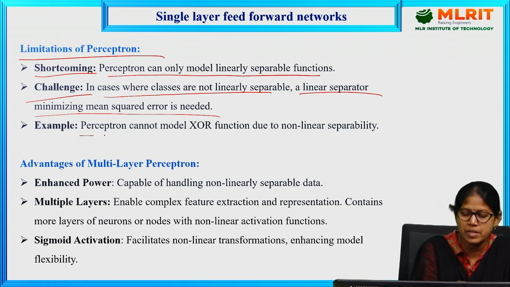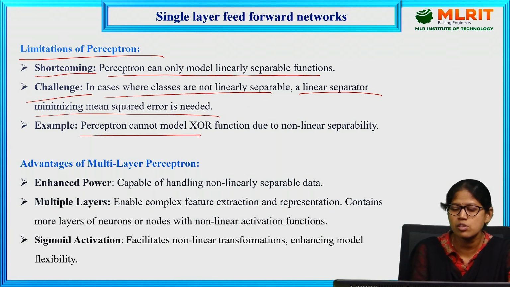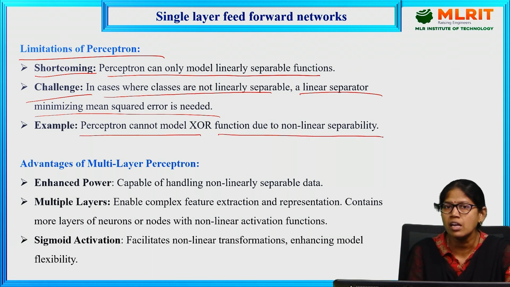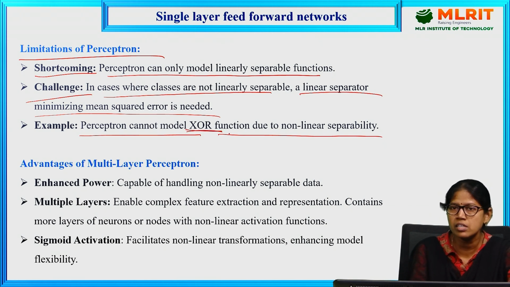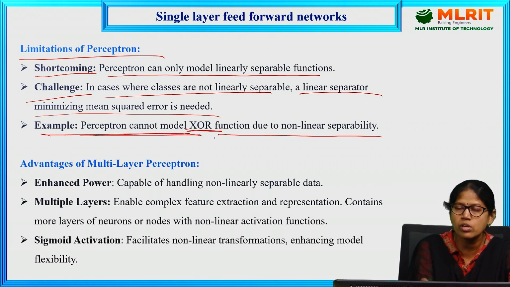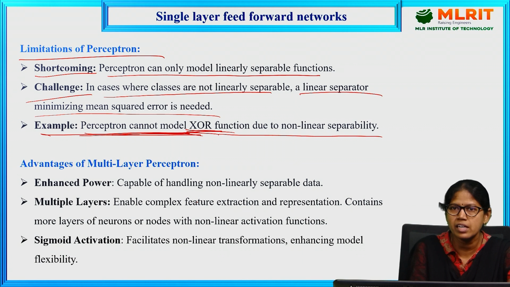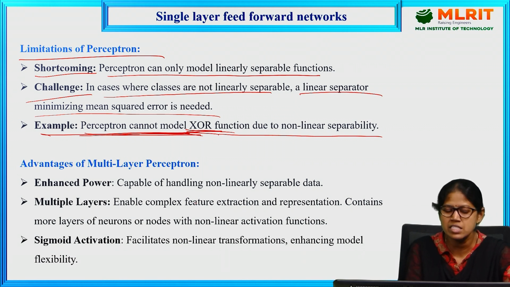An example is that perceptron can't model the XOR function due to non-linear separability. So if you take XOR, we can't draw a straight line on the graph. So that is one of the examples. Why can't we use this XOR function? Because we can't draw a straight line. So a single layer will solve only problems that are linearly separable.